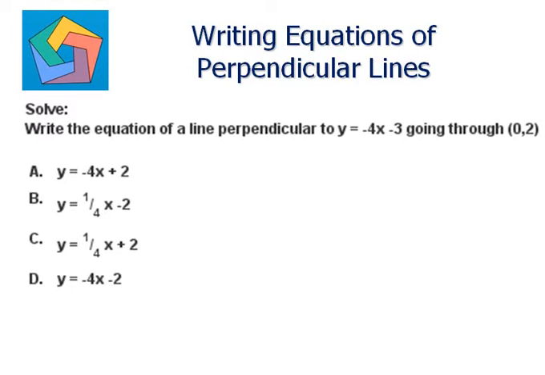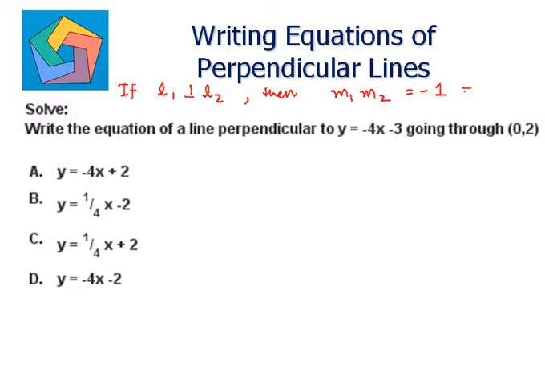Now, remember that perpendicular lines have slopes equal to the negative reciprocal of each other. That is, if line L1 is perpendicular to line L2, then m1 times m2, m1 being the slope of line L1 and m2 being the slope of line L2, is equal to -1.